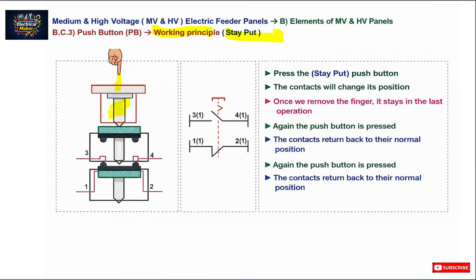This type of button is seen in a home toggle switch. When we press the button, the light turns on. When we press again, the light turns off. These types of buttons are seen in homes, and are used in industry also.